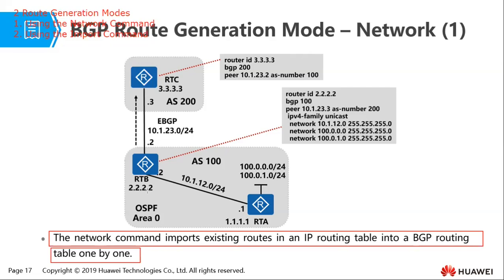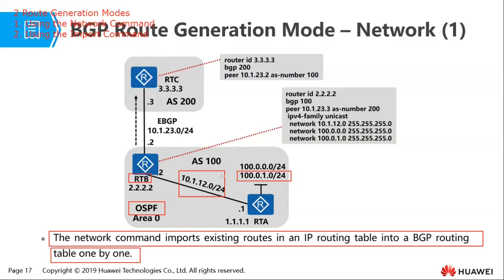So let's look at this particular scenario. In this scenario, RTB has a directly connected network, this network here, which interconnects it with RTA. RTB has also learned through OSPF about this network here, the 1.0 network.